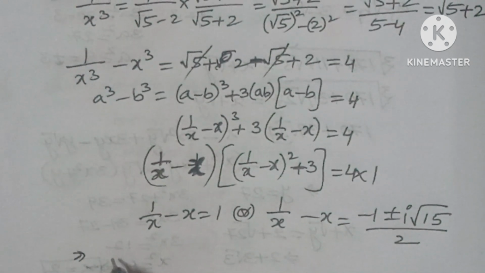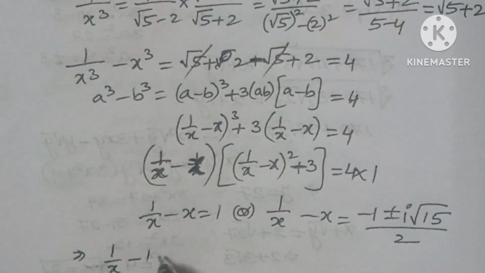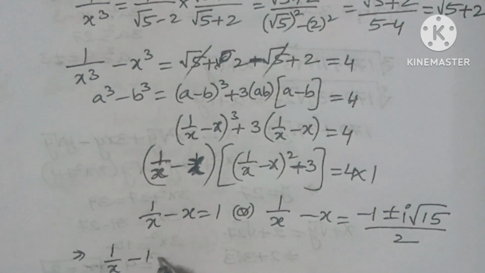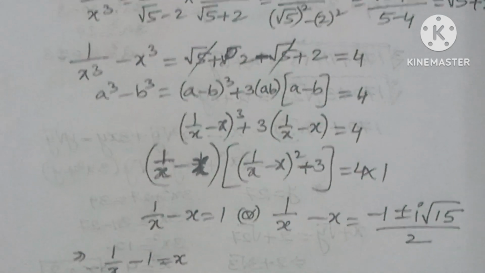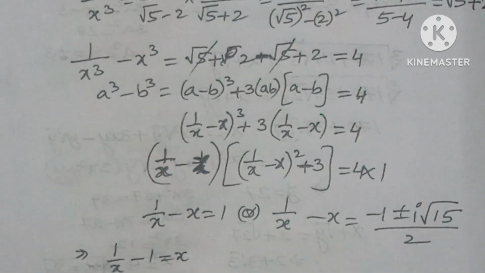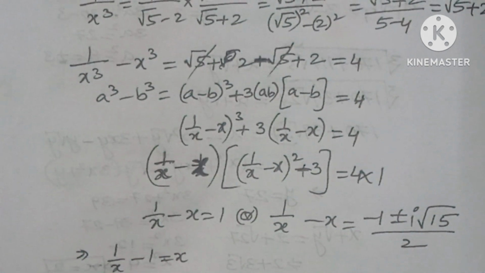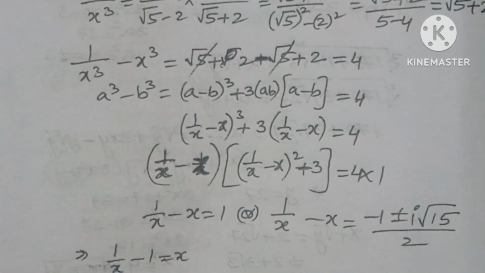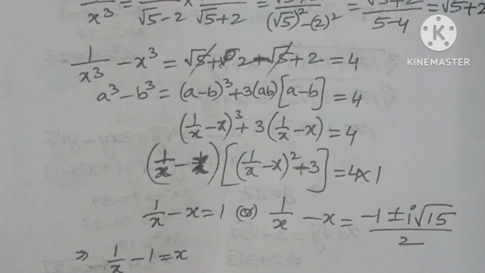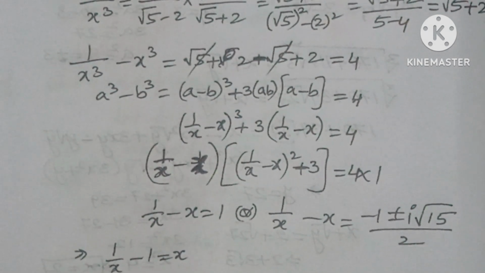From this, 1 by x minus 1 is equal to x. So adding x on both sides, x plus 1 by x minus 1 equal to 2x, x plus 1 by x equal to 2x plus 1.